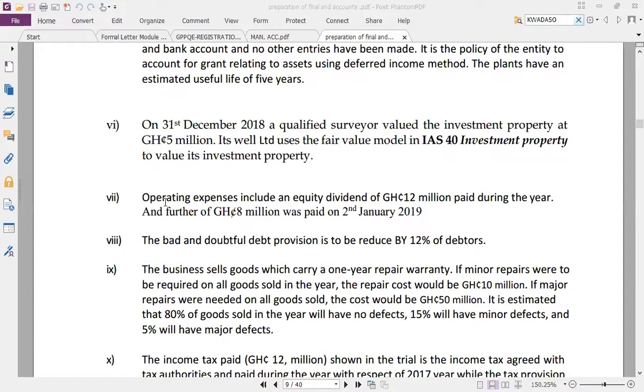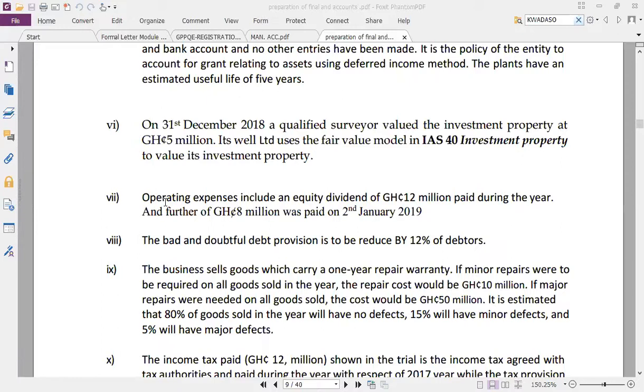Now, in fact, what we have to check first is the trial balance. We have to scan the trial balance from the very first item to the very last item to see which of them will be part of the operating expenses before we even go to the footnote. So first, let's go and check through the trial balance.